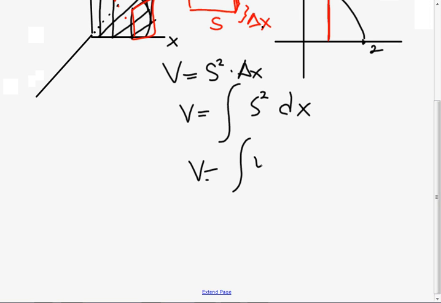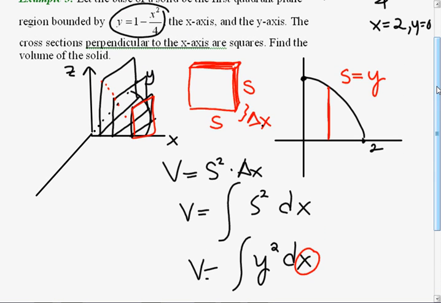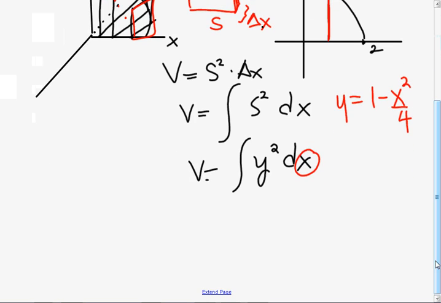So it's y squared dx. Okay? But I don't want y in there, do I? Alex, do I want y in there? I want x's. What was y equal to? Y equals 1 minus x squared over 4. That's the function it's following. So I'm going to substitute that right in there for y.